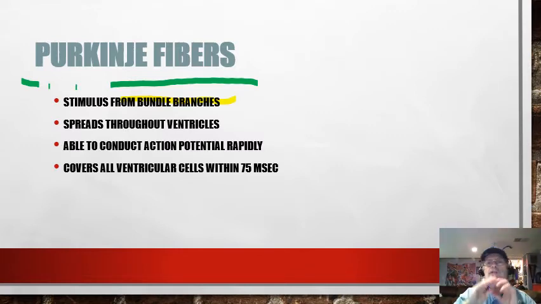And this spreads throughout the ventricles, to the sides, to the front, to the back, everywhere else. And as a result, now we have a rapid conduction of that action potential along the ventricular muscle. It actually covers all ventricular cells within about 75 milliseconds. About 75 milliseconds to go from the apex up to the sides.